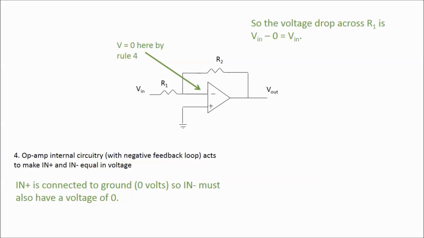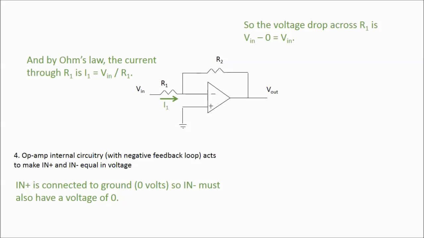That tells us what the voltage drop is across resistor R1, because we've got Vin, our input voltage, on one side of R1, and we have V equals 0, 0 potential, on the other side of R1. So by definition, the voltage drop across resistor 1 is Vin minus 0, which is just the input voltage of our overall circuit.